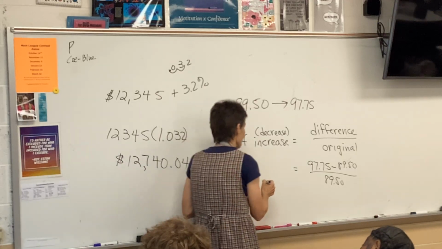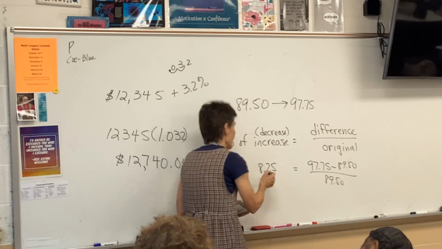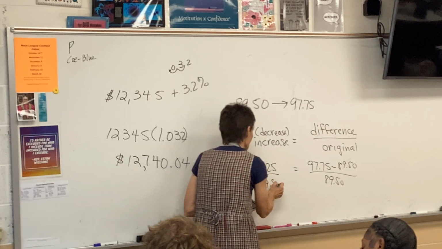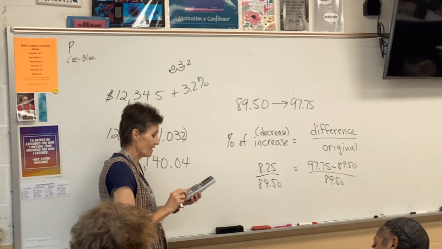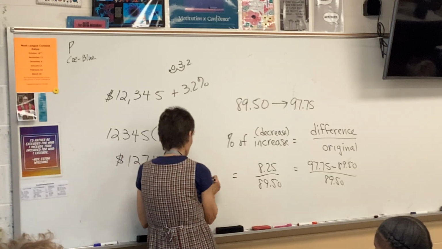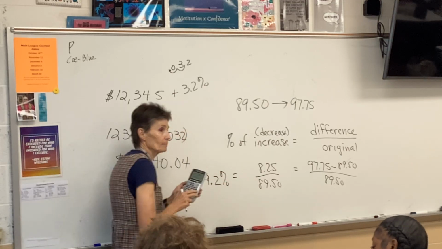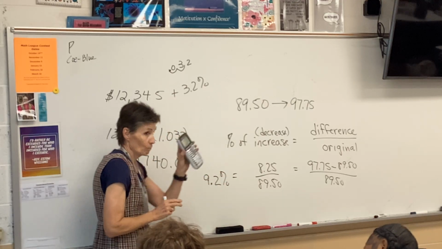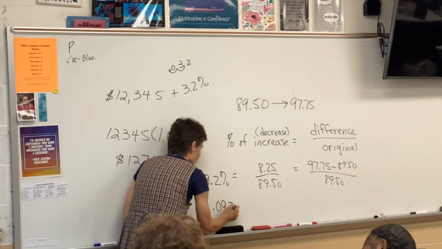And I got 8.25. Did you? And I'm going to divide that by 89.50. Always divide by the original value. And I got 9.2%. Now, when I typed it in, I got 0.092.